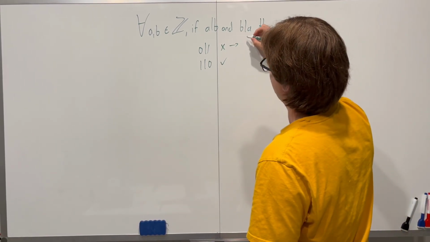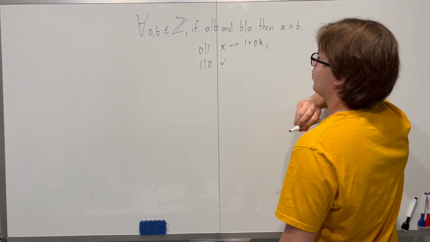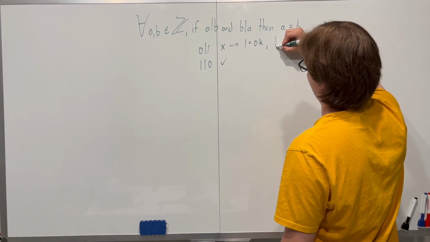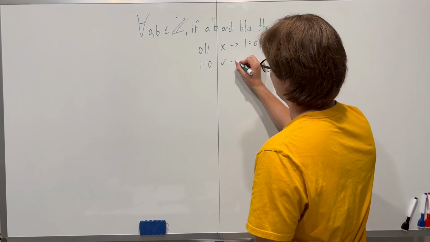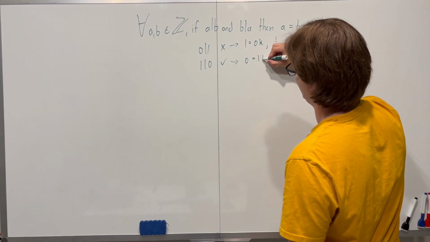Because this up here would mean 1 can be written as 0 times k, but if we rearrange for k, k must be an integer, but we're saying k must be 1 over 0, and you can't divide anything by 0. So we know this up here is false. We know this down here is true, because 0 can be equal to 1 times k.